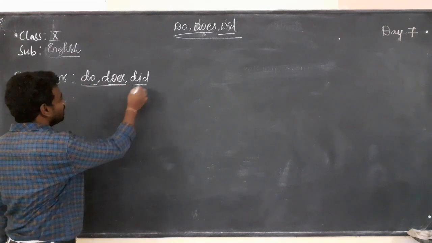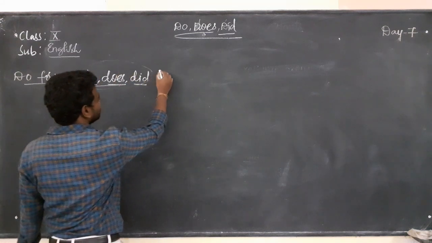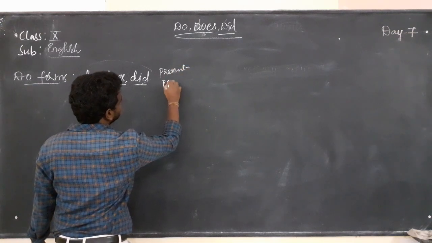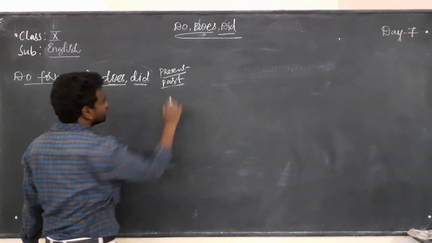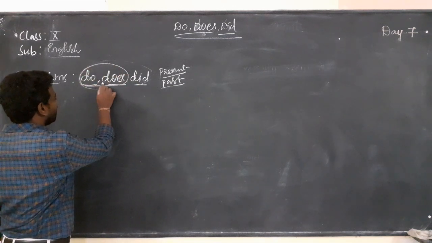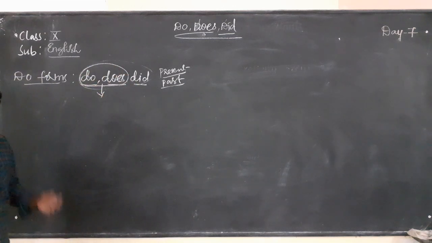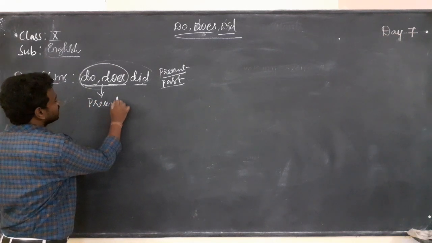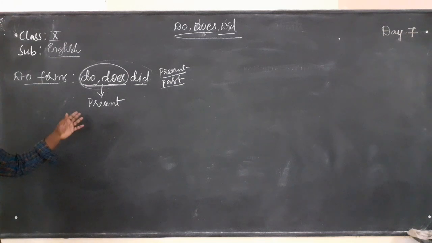Where do we use them? We use them in present and past tense in sentences. For example, do and does always go with present tense.